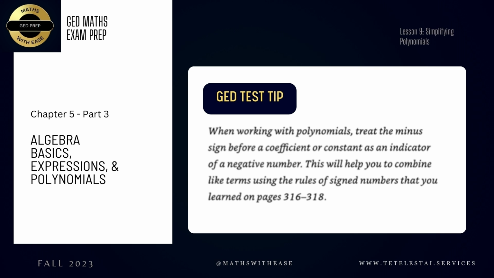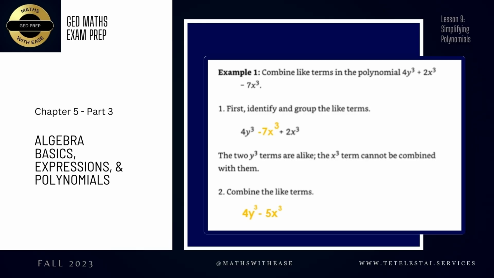All right, so when you're working with polynomials, treat the minus sign before a coefficient or a constant as an indicator of a negative number. This will help you combine like terms using rules of signed numbers that you learned on pages 316 to 318. So for example, with this expression, we treated this negative sign in front of 7 as being applicable to the whole term, meaning that we're considering this whole term negative because there's a negative sign in front of it.